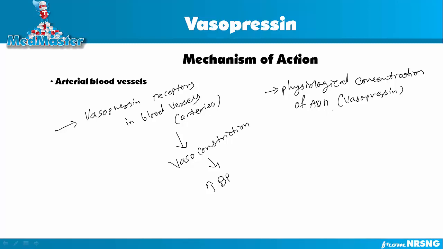So that's one of the mechanisms of action. It increases the blood pressure as well, and also works on the kidney, as we talked about in the previous slide. And usually you see this vasopressin drug in critical care. If someone has hypotension, they will put them on vasopressin IV drips. So that's the main use.